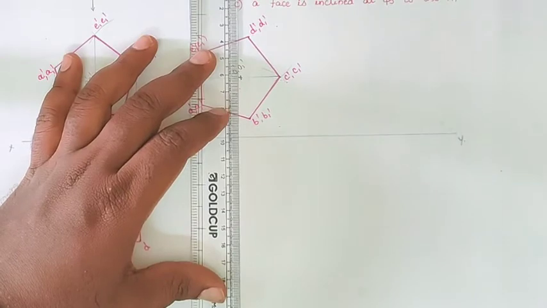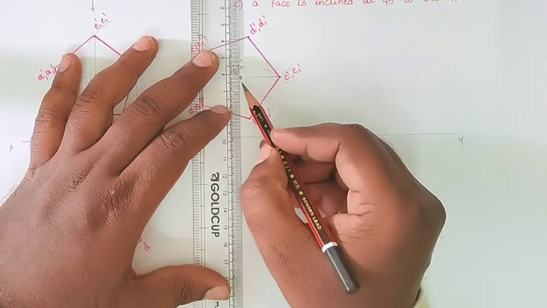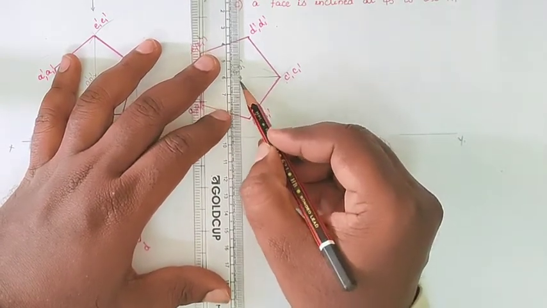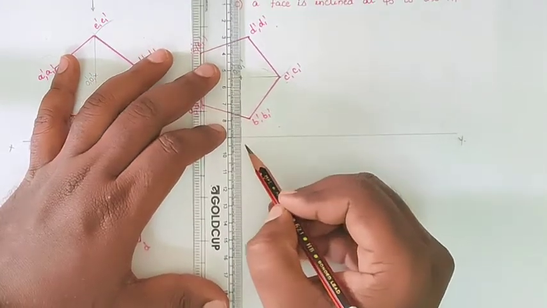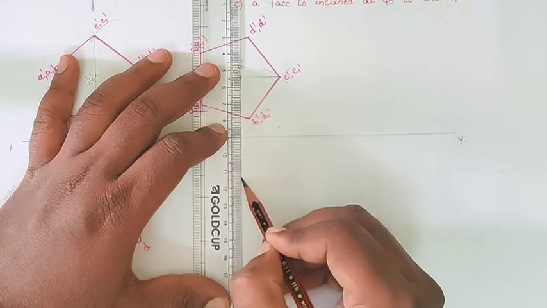After locating the center, we will draw the axis line from that center. The axis height they are giving is 60 mm.